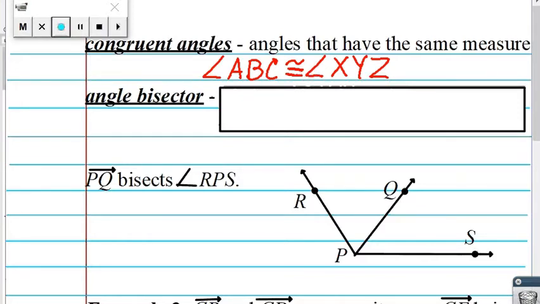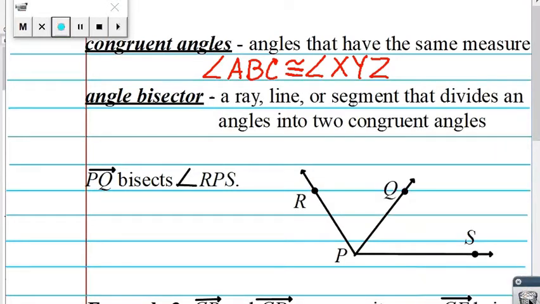Then we have this thing called an angle bisector. Well, when we talked about segments, we had a segment bisector. An angle bisector is pretty much the same thing. It's a ray, line, or segment that divides an angle into two congruent angles. So, if I have a diagram, maybe it looks something like this.